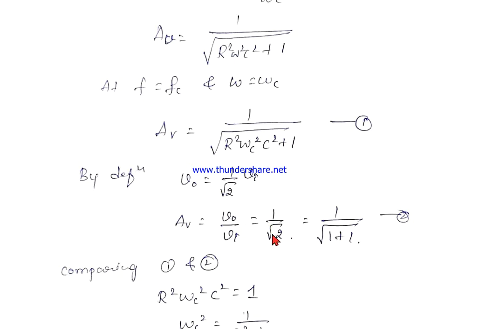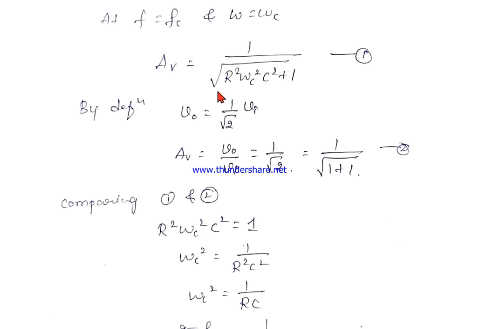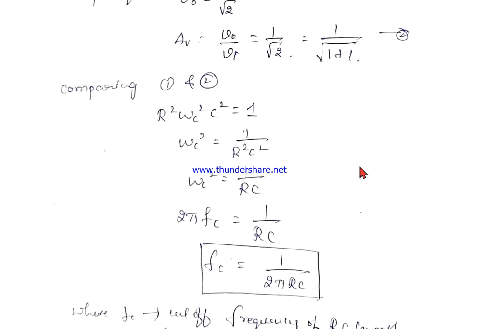So 1 over root 2 can be represented as 1 over root of 1 plus 1. Comparing these two, equations 1 and 2, the left hand side will be the same, 1 divided by root, and this 1 is equal to R square plus omega c square into C square, that will be equal to 1.